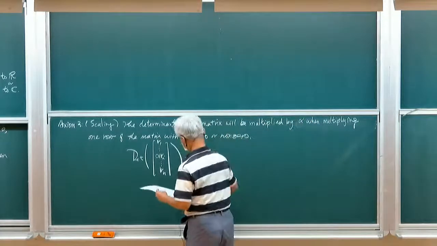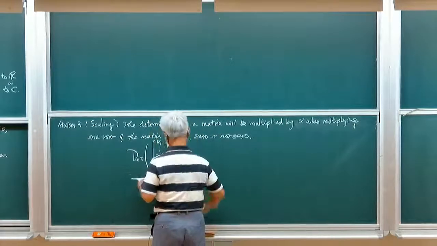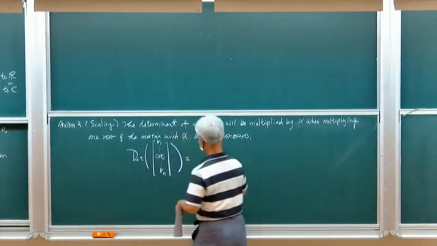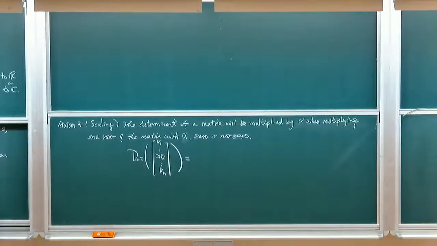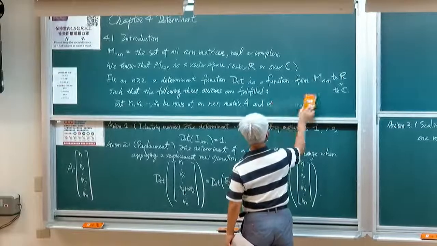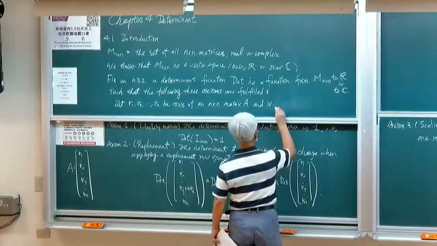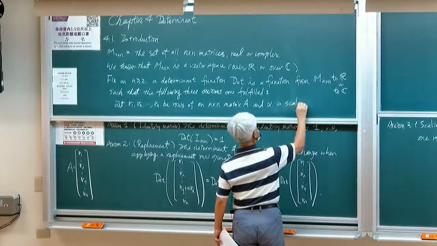It seems like I don't need the beta scalar.